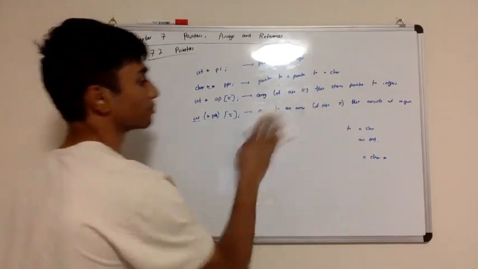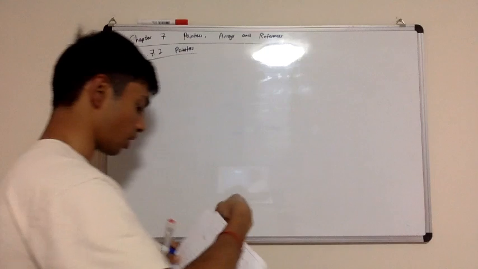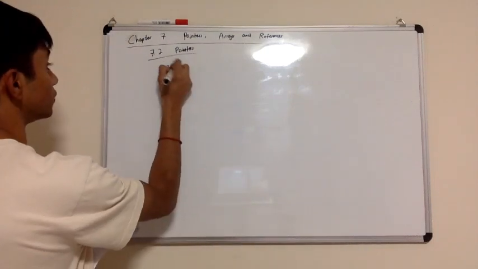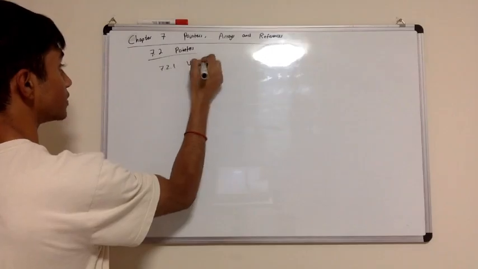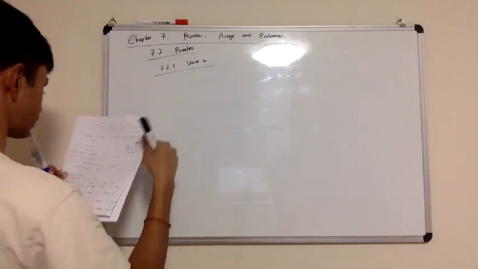Now we get a special type of pointer called void star. We talked about void in chapter 6. Void star pointers of type void are one of the two major reasons we would use void.